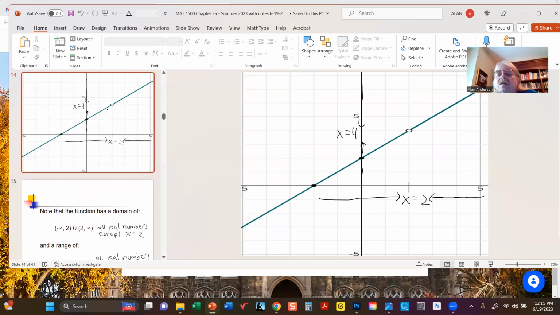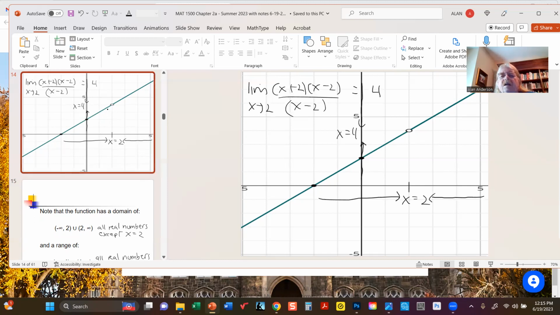Now, the limit then of this function as x approaches 2 is going to be 4. And what that means then is that as x gets infinitesimally close to 2 but doesn't quite reach it, y does the same thing with 4.